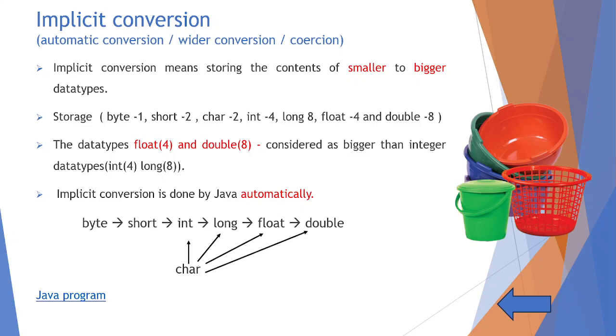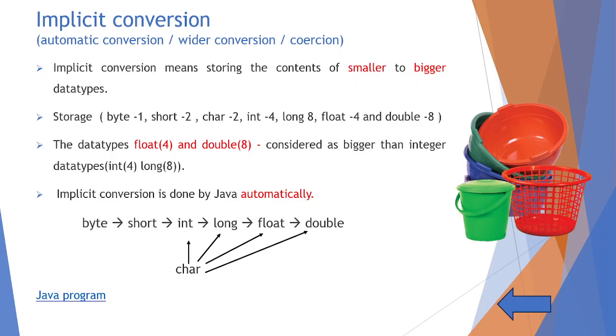Now int is 4 bytes, so byte and short can be converted to integer, long, float and double. The second rule is data types: float and double are considered bigger than all integer types, especially int and long we are interested in. Because int is 4 bytes, long is 8 bytes, float is 4 bytes, but float is considered bigger than long.